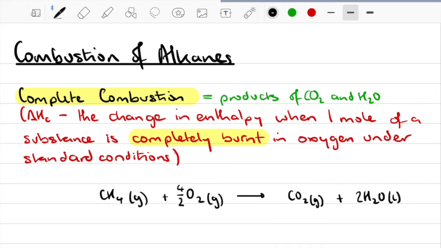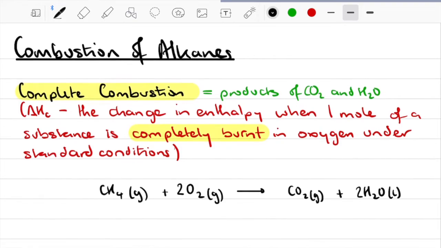Now, you can simplify that: 4 over 2 is clearly 2, so I can just go ahead and do that. But when we've got something where you've got half a mole of oxygen, I find that it's quicker and easier to check things if I do it over 2.